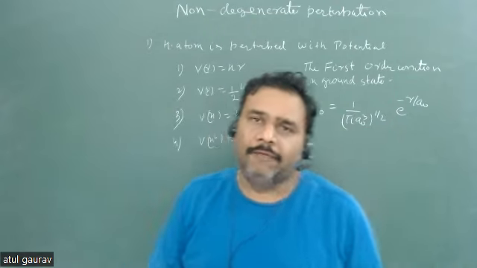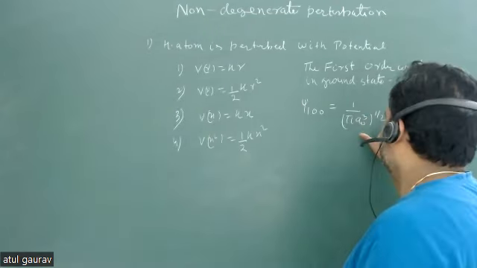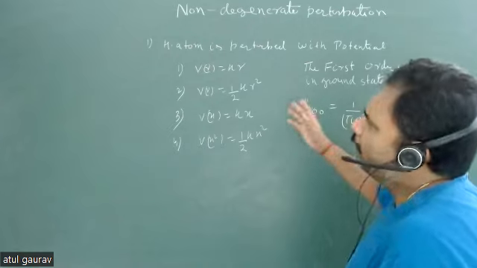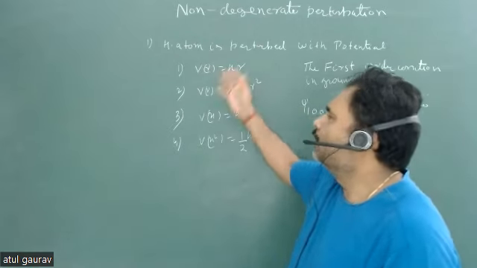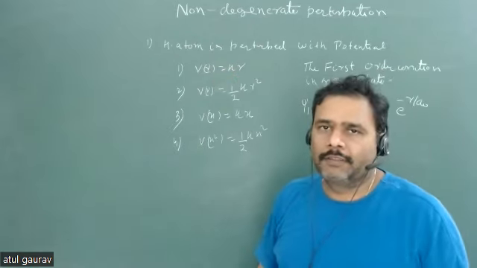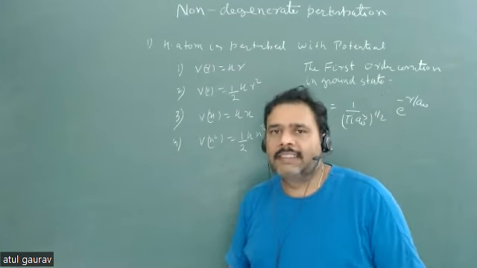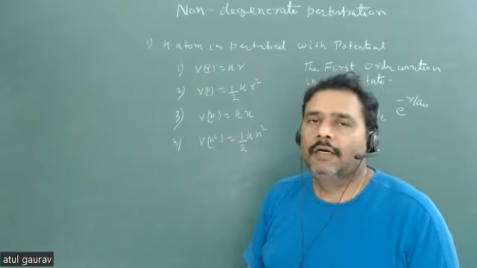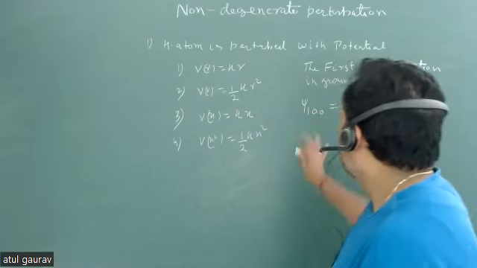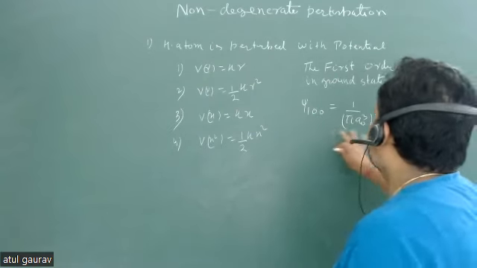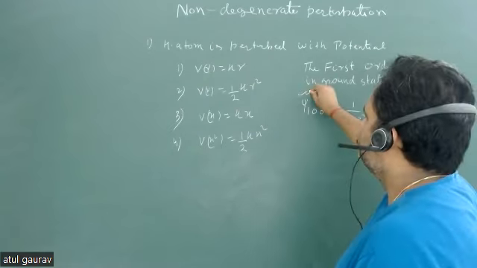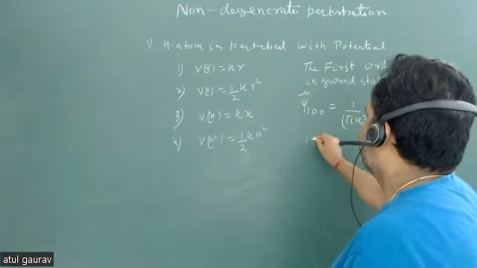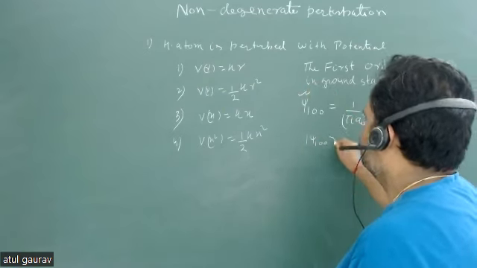In general, I suggest you use this particular wave function. But when your potential is only a function of r, then you can use only the radial wave function also. We have already discussed these things in our earlier lecture on hydrogen atom. But here we can easily use this wave function, and I can write it as psi 100 also.